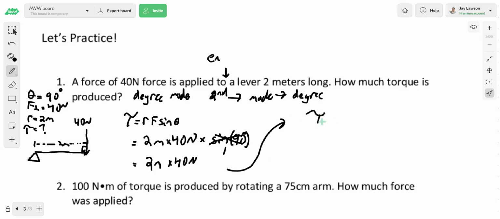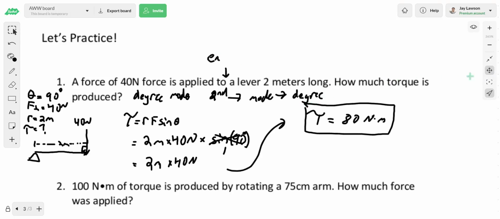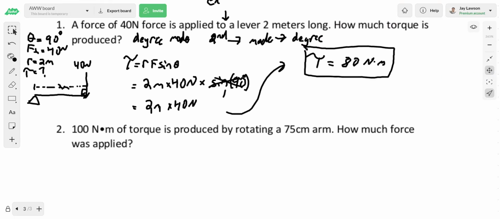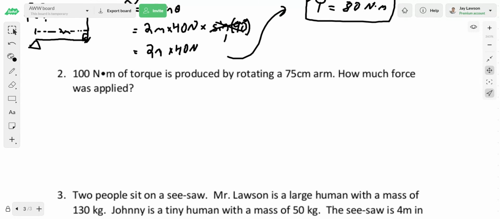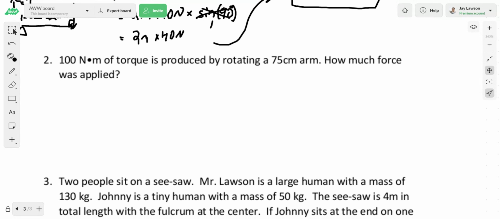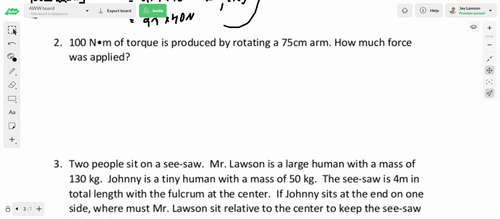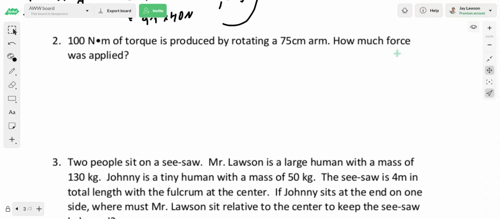So our torque must be 80, and I remember our units, Newton meters. And that's it. Pretty straightforward. These 3 are going to be pretty decent, pretty easy. But we'll get to some more complex ones here in a second.